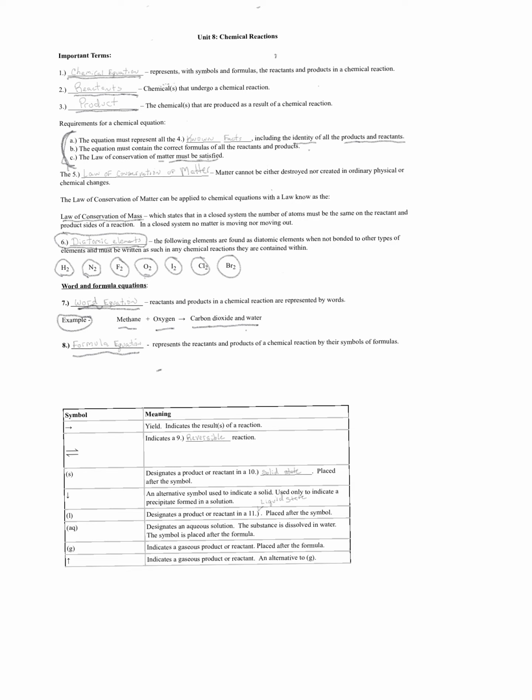So methane, we can write that as CH4. And then we add oxygen to it. Remember, oxygen exists as a diatomic molecule, O2.